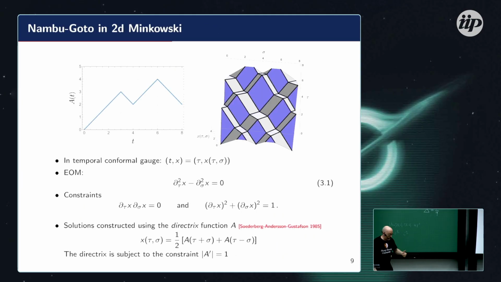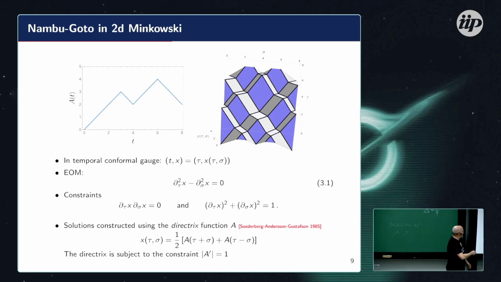So in terms of equations, there's an older paper by Söderberg, Andersson, and Gustafson, the Lund group from 40 years ago. They constructed models like this in flat 1+1 dimensional space. So you can take the Nambu-Goto theory and go to some temporal conformal gauge. So the worldsheet is parameterized by tau and sigma, and you set tau equal to t, the target space time, in Minkowski time. And the embedding is parameterized then by this x of tau and sigma variable.